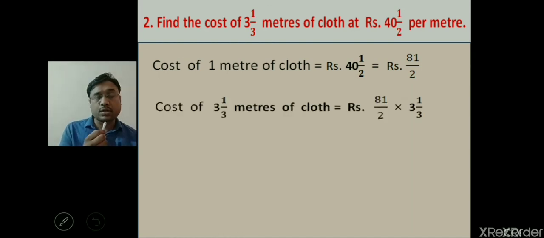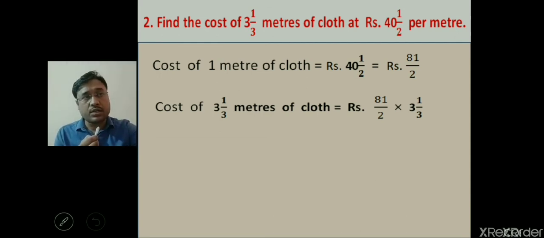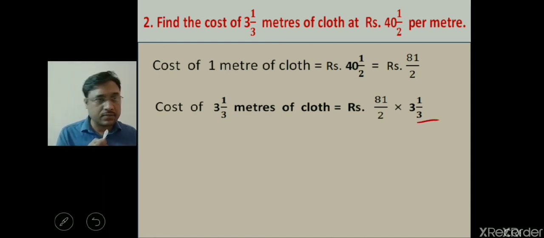Now, here I am using the unitary method: if the cost of 1 meter is given here, therefore the cost of 3 whole 1 by 3 meters equals 81 by 2 into 3 1 by 3. Now 3 1 by 3 meters you will convert into an improper fraction: 3 into the denominator 3 plus the numerator 1.